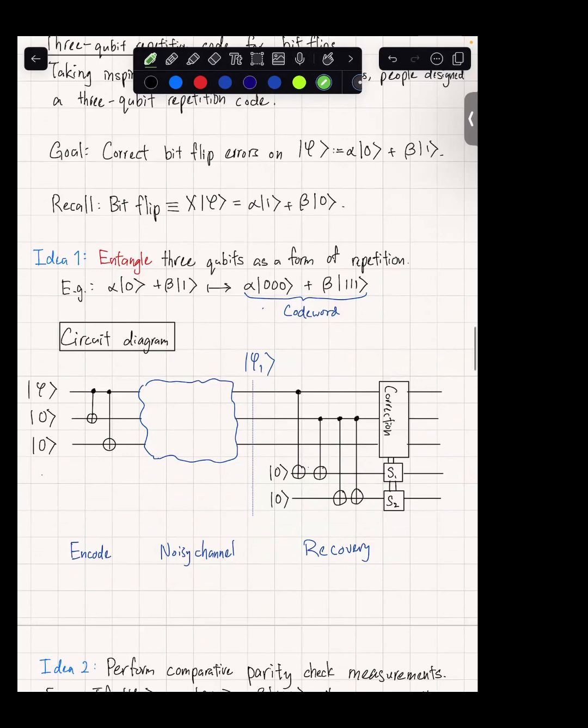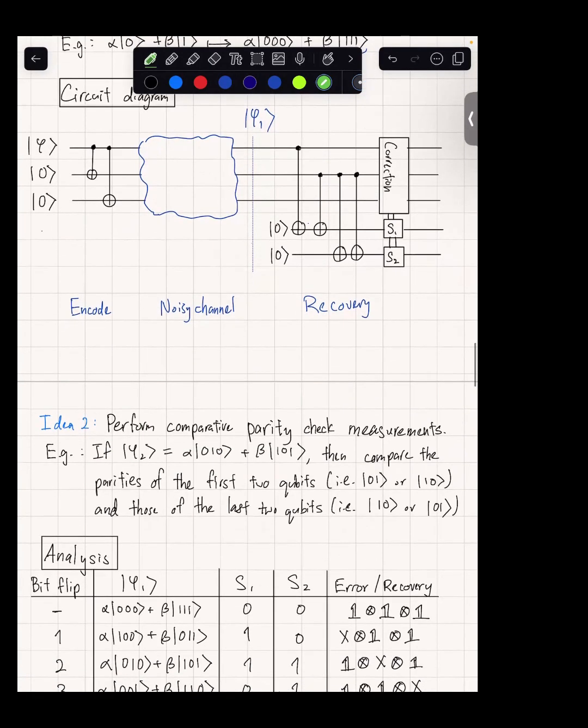So let's see how this is done. First, the measurements that we perform are comparative parity check measurements. So that is, let's say if our original quantum state that we receive after the noisy channel is this, alpha 010 plus beta 101, that means that we have had a bit flip on the second qubit.